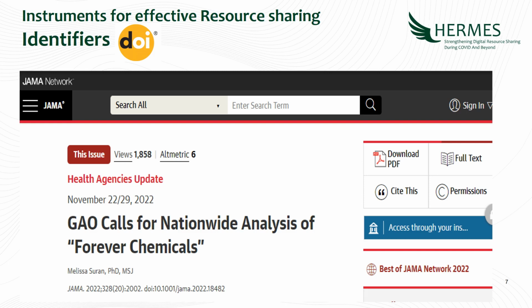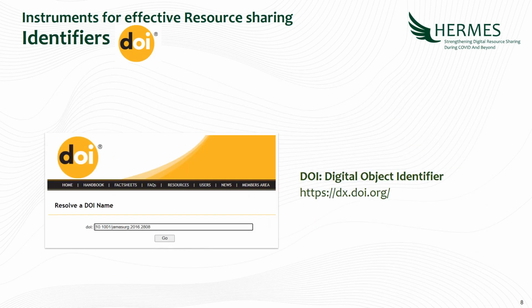The DOI is also used to import information from the databases to our ILL software. For example, Talaria uses the DOI to import the fields of the bibliographic record. So there is a DOI resolver where you can type the DOI in this box, and it will go to the original record of the editor.